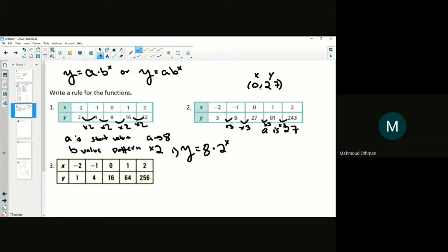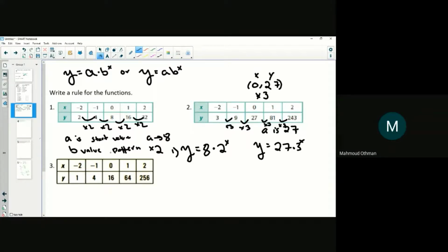So my starting value is 27, and my pattern is times 3. So then it's just going to be y equals 27 times 3 to the x. That's it for that one.